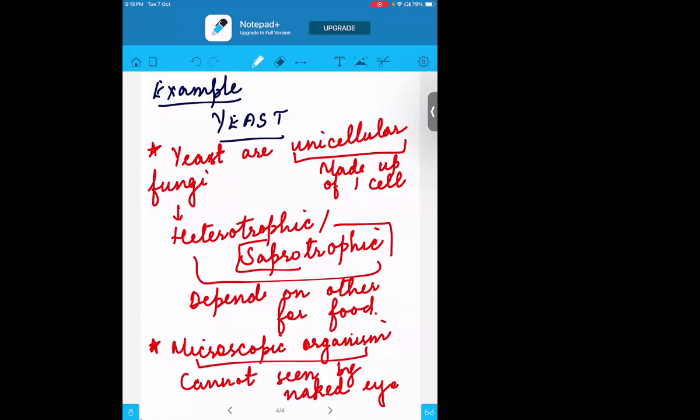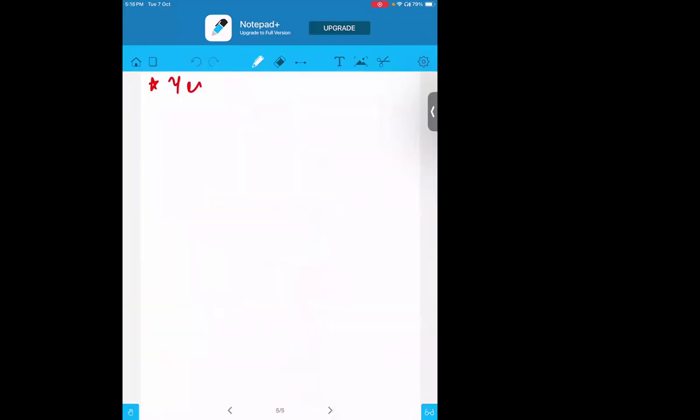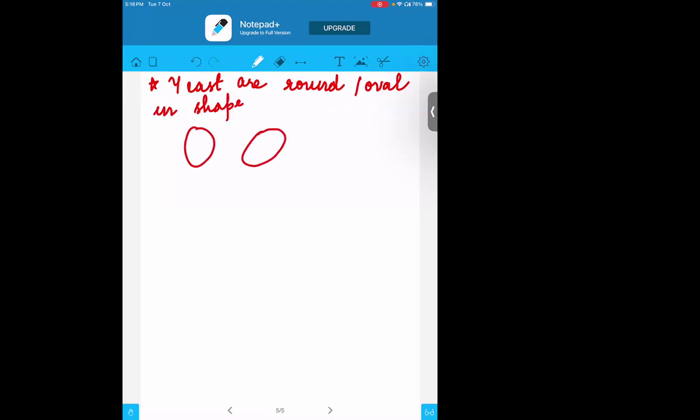The next thing is about the shape. Yeast are basically round or oval in shape. So they will be like this, or like this.